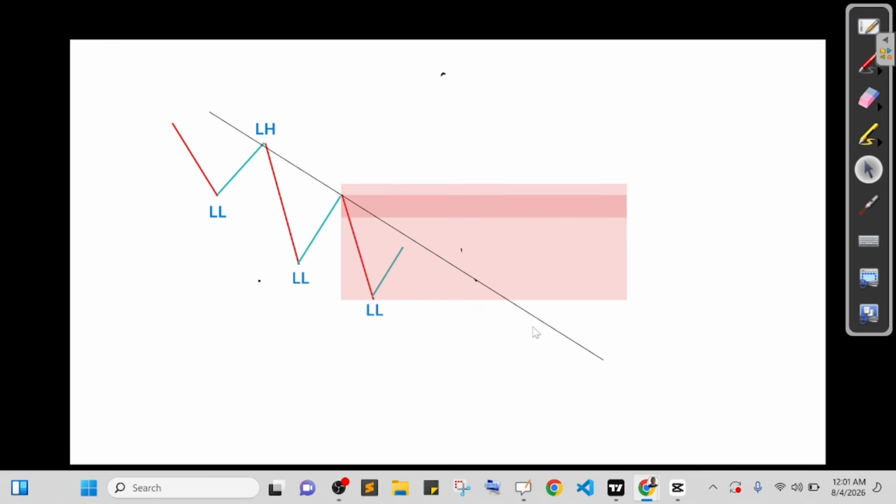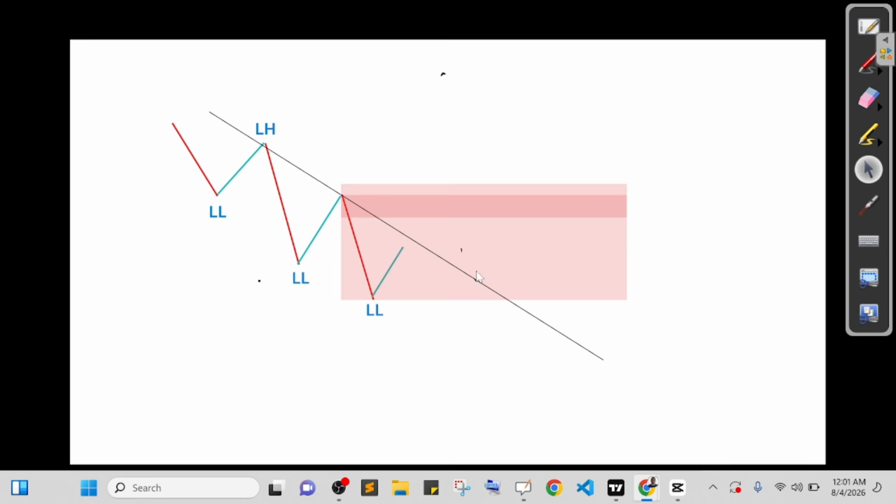What is the trend of the market? The trend of the market is bearish, right? Forming lower high, lower low, lower high, lower low. Breaking structure to the downward direction. So what am I going to do next? I will identify my reaction swing range.